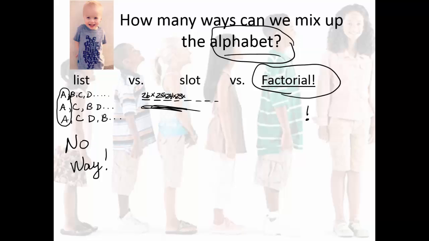So for 26, we would write it this way. 26 factorial means 26 times 25 times 24 times 23, etc. And you can just plug it into your calculator, and all scientific calculators and graphing calculators do have a factorial function. So it is time for you to figure out where that is. It's either a button or you have to go into some function menu and find it. It'll be with the statistical and probability stuff, okay?